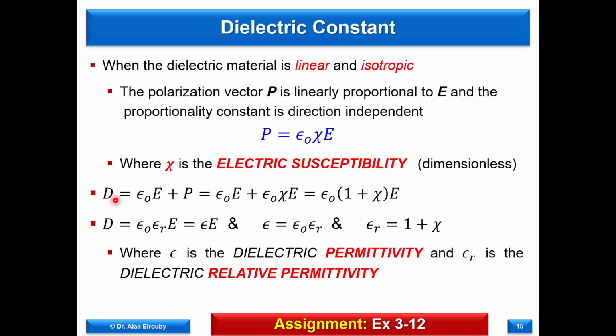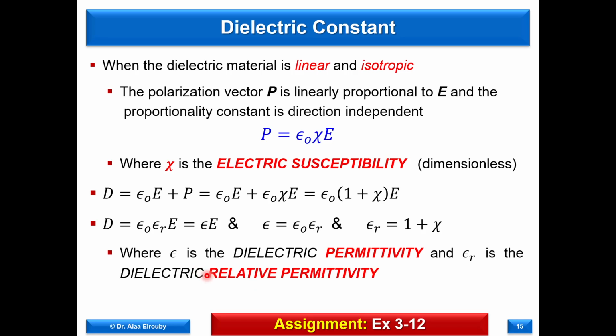So back to the definition of the electric displacement vector. It's equal to epsilon naught E plus P. If we just substitute P here, we'll find that the displacement vector equals epsilon naught multiplied by 1 plus xi, times E. We call 1 plus xi epsilon r, and it is called the relative permittivity.